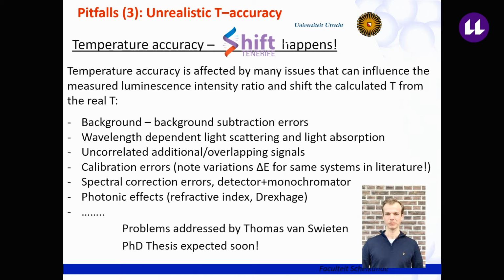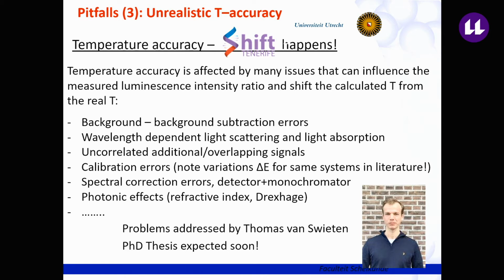And then there can be light absorption by the system, or light scattering. And if that depends on the wavelength, and the wavelength from the lower emission level is different from that of the higher level, then the ratio you detect at your detector does not reflect what your probe emitted. So the temperature that you calculate from your spectrum is not the actual temperature at the position where the probe is. Then there can be additional overlapping signals, especially at the higher laser powers, as has been observed.